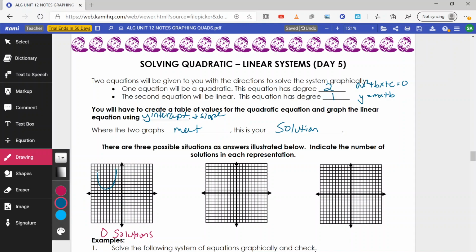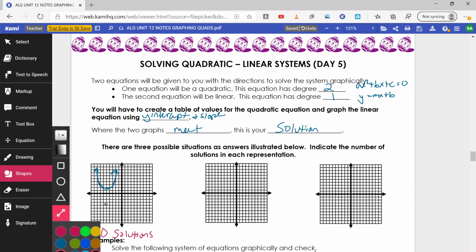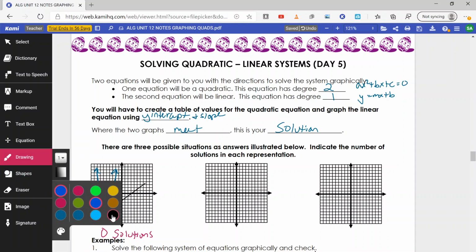So there's my parabola, my quadratic equation. And then my line would be off to the side somewhere. So notice that these two do not meet, they don't cross, they don't intersect anywhere, so there's no solution.